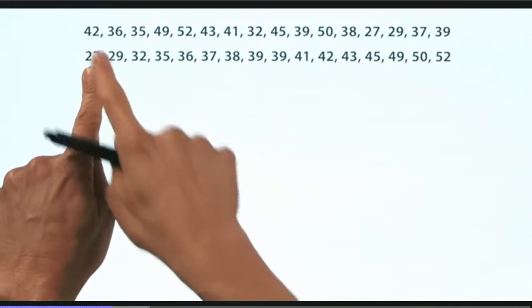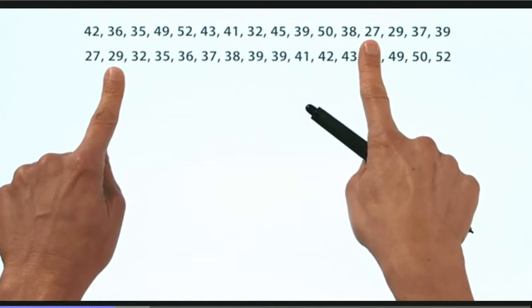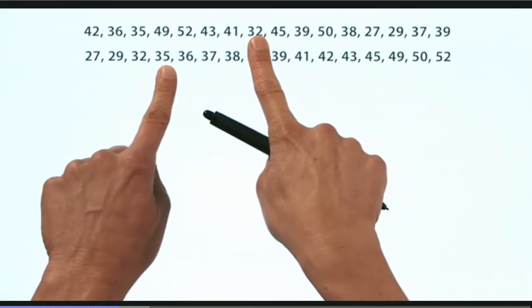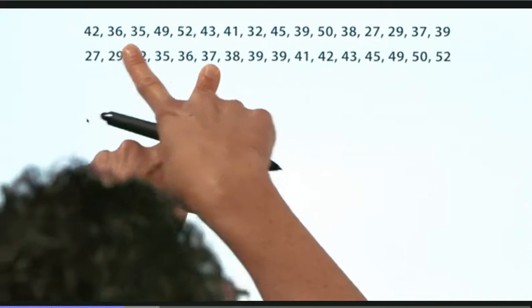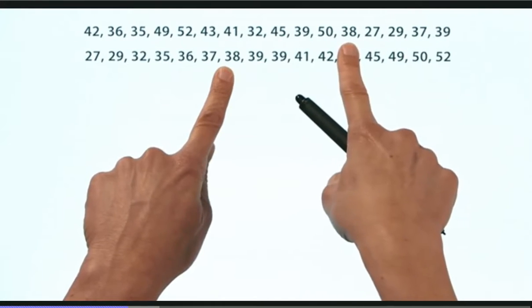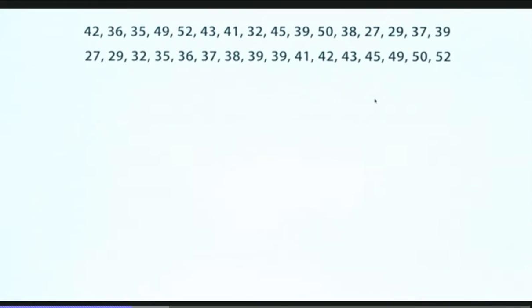So here I see 27. Let's find the 27. There's 27. Then I see 29. Where's 29? Right there. Then I see 32, there's 32, 35, there's 35, 36, there's 36, oh, 37, there's 37, 38, there's 38, and so forth, all the way out until we get to 52, which is right here.